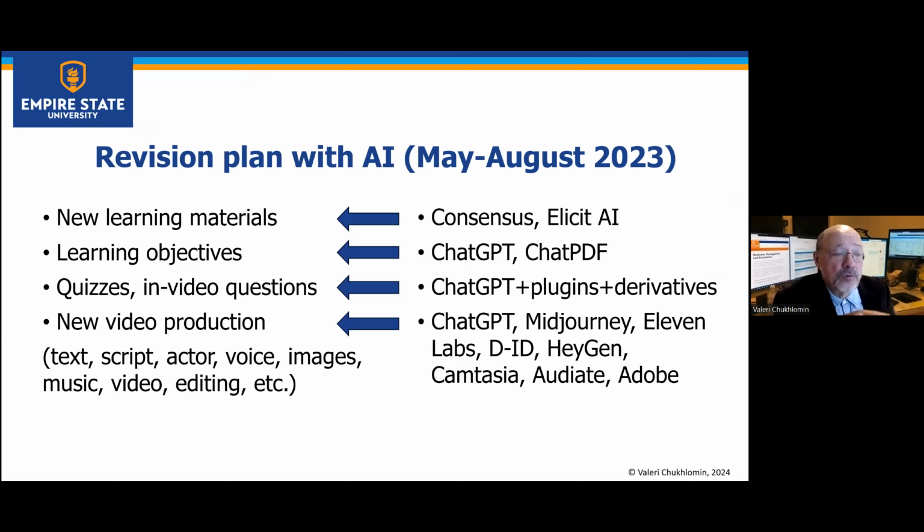So in terms of artificial intelligence used, there are several course development activities that are extremely labor intensive, like getting new learning materials. And with tools like Consensus, Elicit, and now many more, you can actually very easily get through recent developments, identify the most important papers, go through them, and prepare summarization and learning materials.